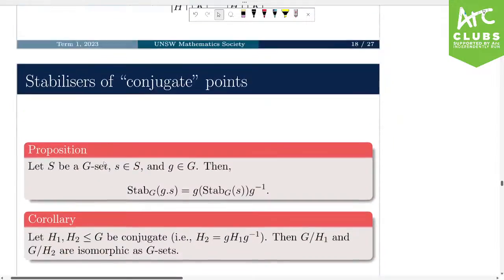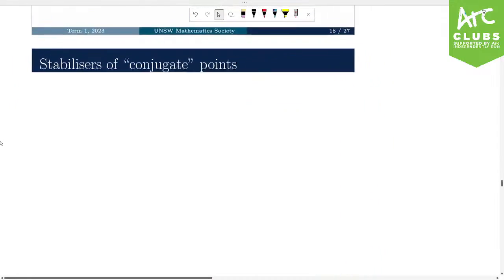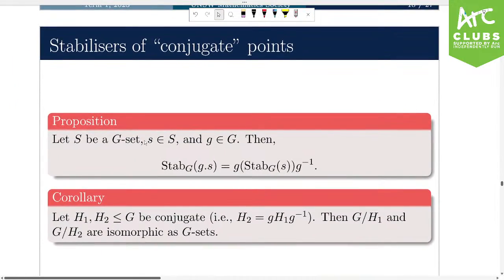Okay. Now, stabilizers of conjugate points. Here are some quick results. Let S be a G-set. Then the stabilizer of g·s, for some element s in S, is the stabilizer of s conjugated by g.